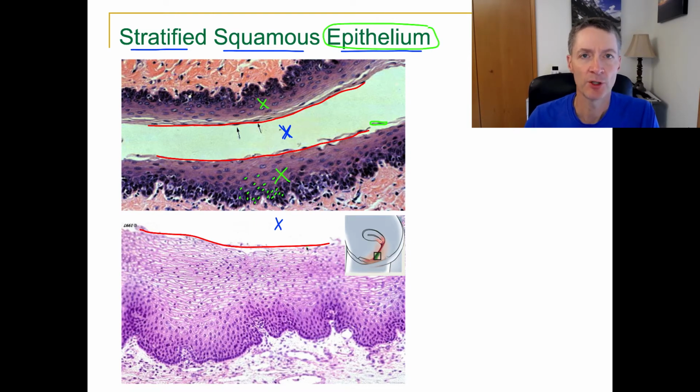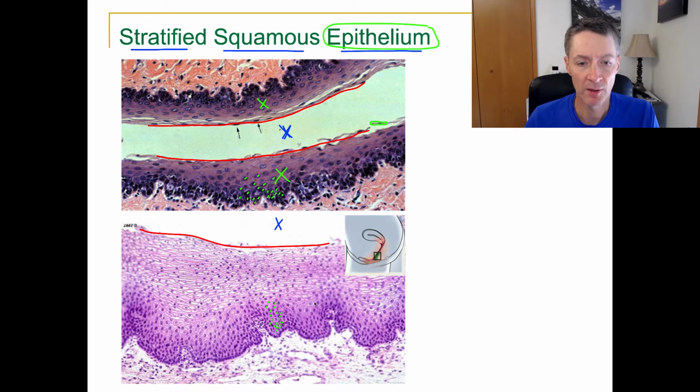Now I have to determine where the cells are. So I mark off, I see nuclei, nuclei, nuclei. And some of these, it's really nice, right? I can see even the boundary of these cells where they touch one another. This is clearly many layers of cells. This is stratified, and there's only one stratified type I need you to know, and that's stratified squamous epithelium.